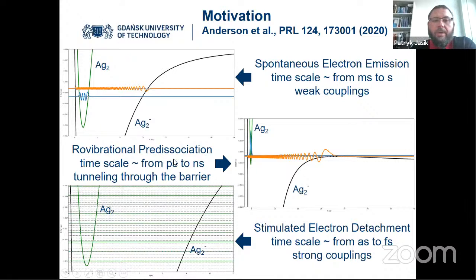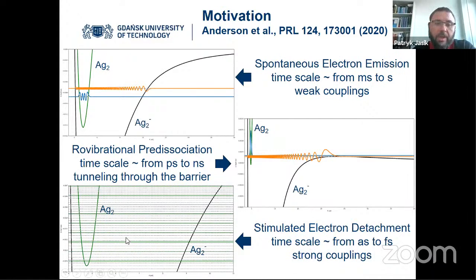Next, I will talk about rovibrational predissociation, which was the other reaction path in this experiment, and the time scale is picoseconds and nanoseconds. And we are working on methods which allow us to investigate the dynamics in systems with strong couplings.